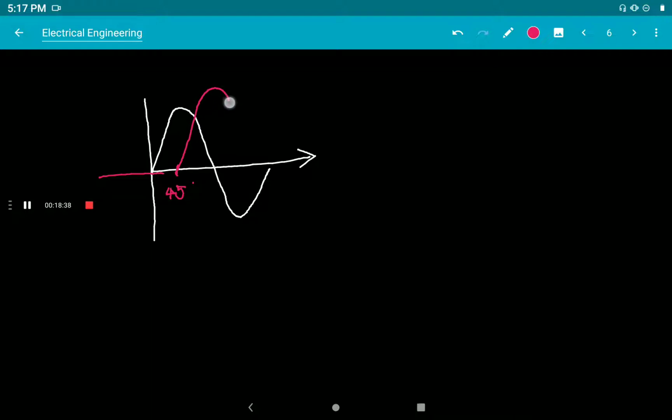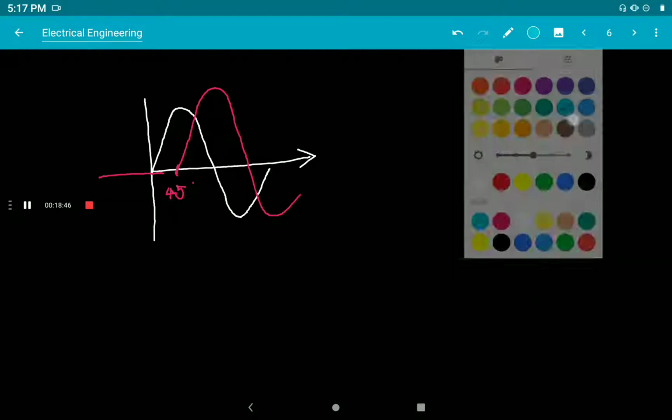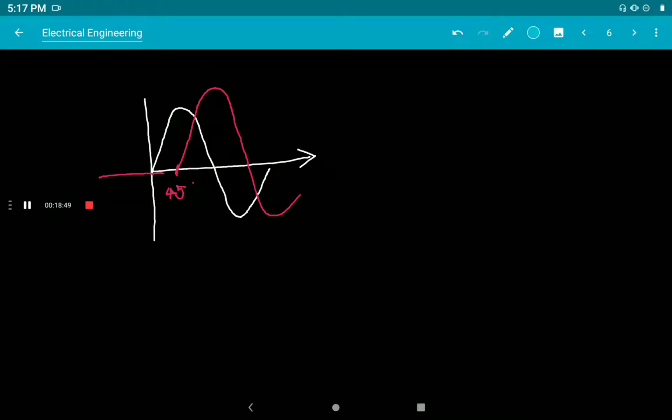Okay, let it be so. Then I will represent C, a leading wave, in another color. It starts from 30 degrees. Here it is a wave that starts at minus 30 degrees.